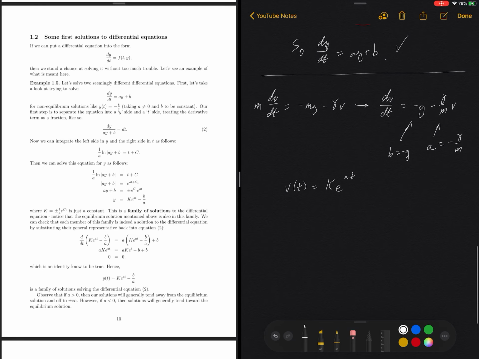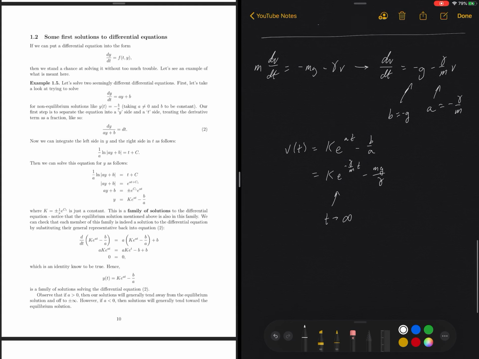So v of t is equal to some constant times e to the at minus b over a. In this case, it's k times e to the minus gamma over m times t, and we'll subtract off a negative, so this will be minus mg over gamma.